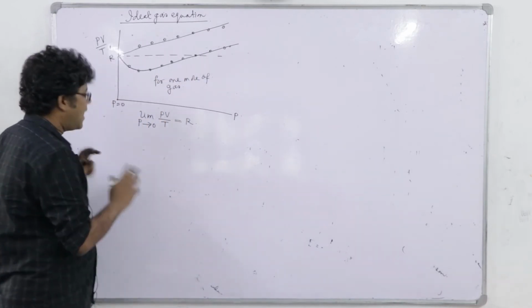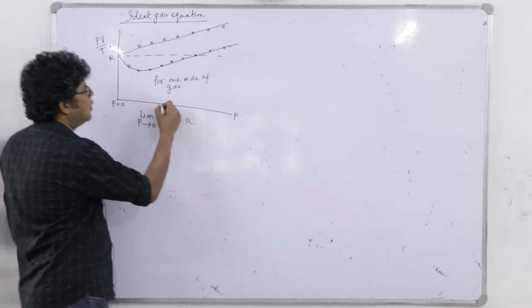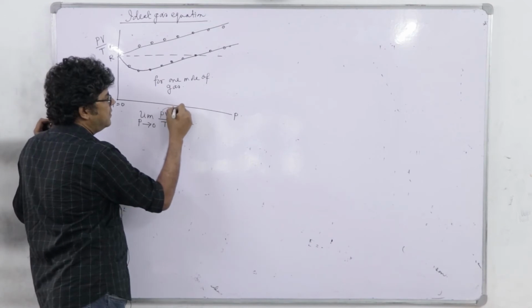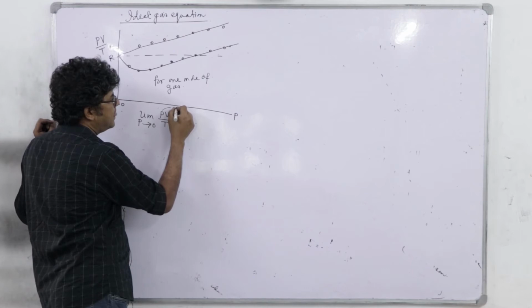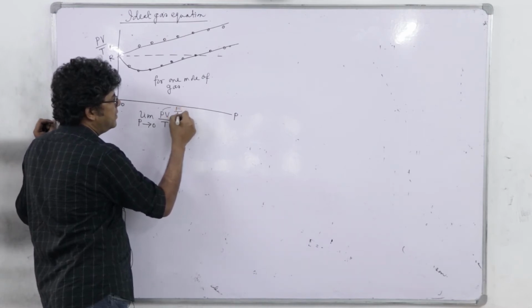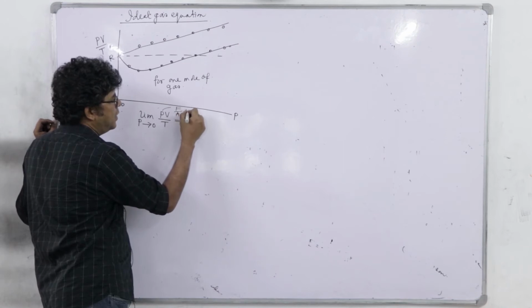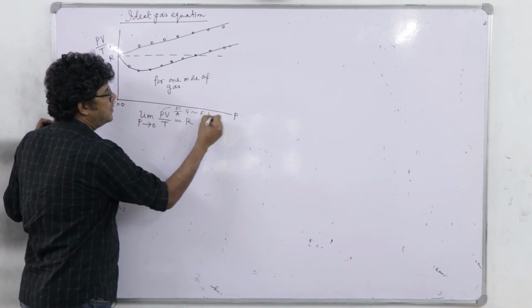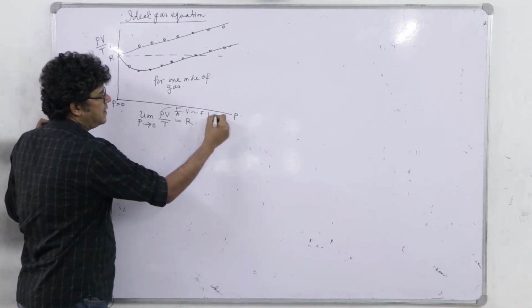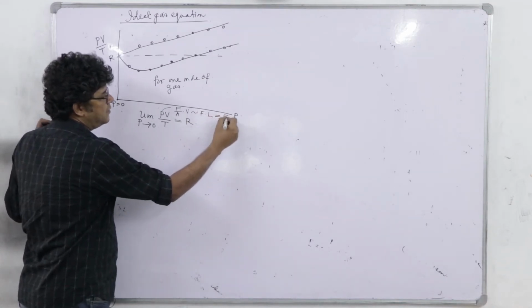Just as we do not know anything here, let us go for a dimensional analysis. This is force per unit area multiplied by volume, right. So, it is force into length dimension, and that is actually energy.